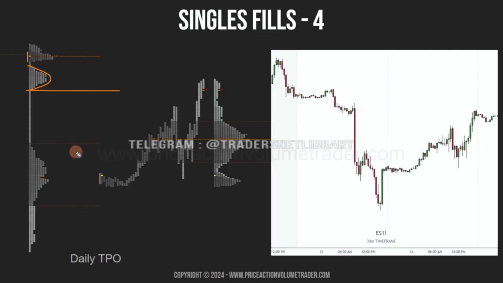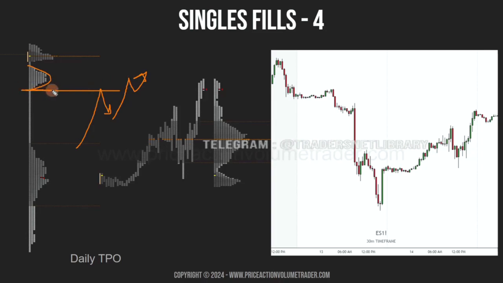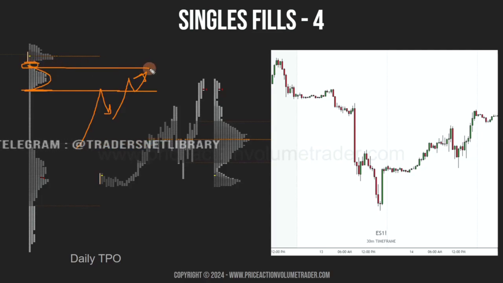We either look for a fill and a rejection, or if we break above, then we look for acceptance and holding of this ledge over here, and then we target, in this case, another little single here and the upper edge of this high volume node, etc.